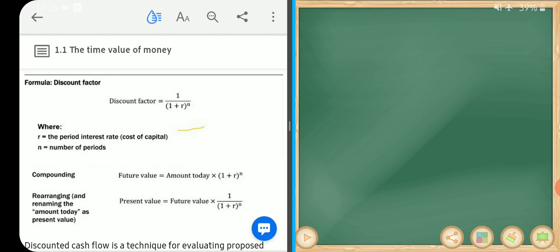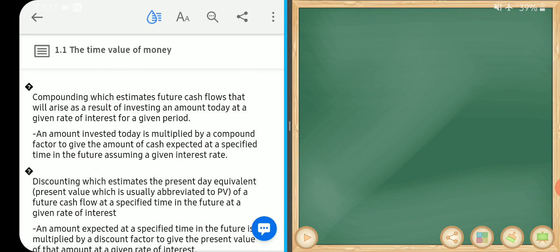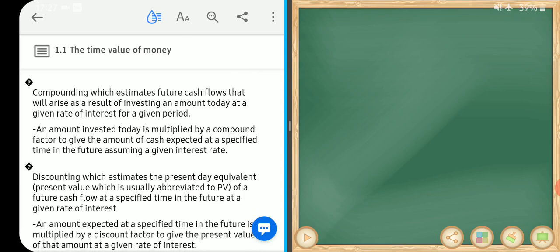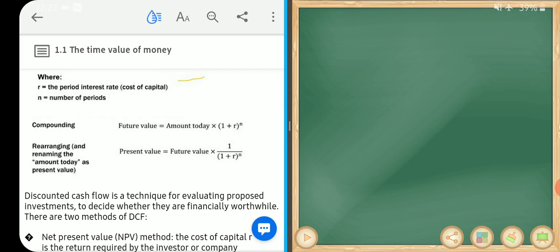Now, compounding is to get the future value of the amount you invest today. If you want to get the future value, it will be your amount today times (1 plus r) raised to power n. That's how you will get your future cash flow.